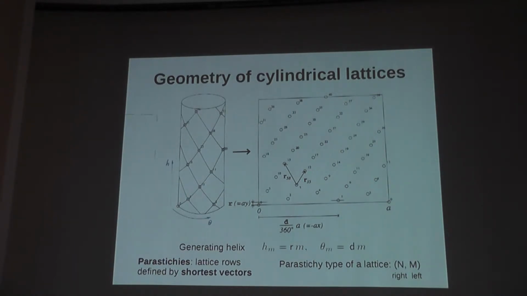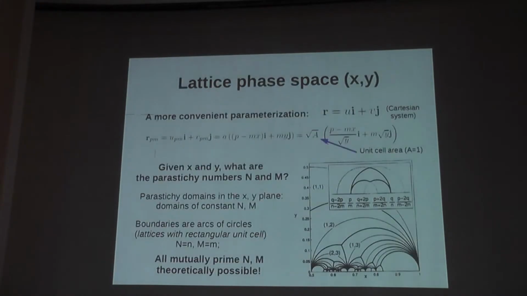So now we have a clearly defined mathematical construction. We can parameterize all the lattices by a pair of real numbers, and then for each pair of real numbers parameterizing the lattice, I can count how many right-hand and left-hand rows or spirals I get, and get all possible types of lattices that I can construct.